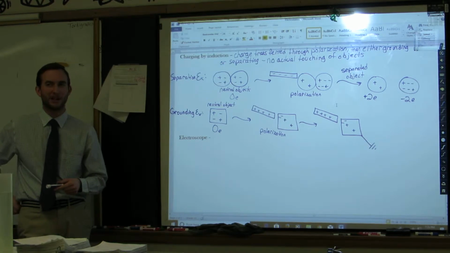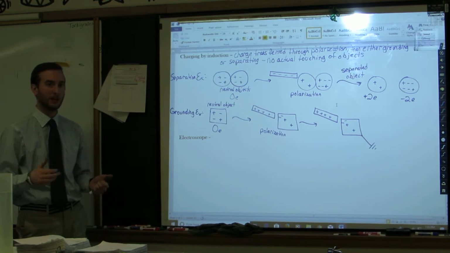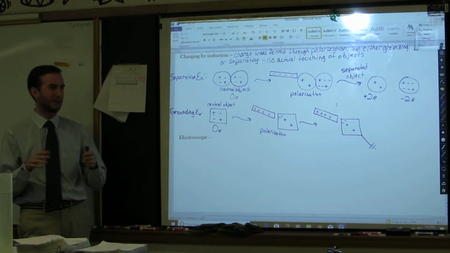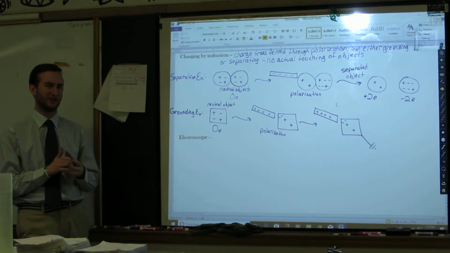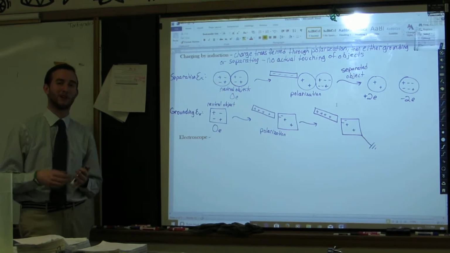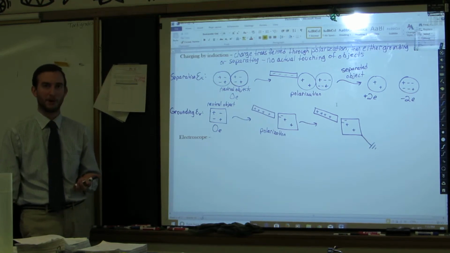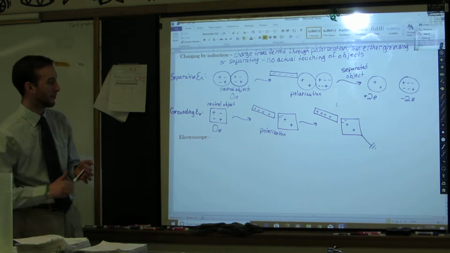The Earth is so big that the Earth is not really going to miss 1 or 2 electrons, or even like a couple million electrons going into an object, okay? The Earth has so many electrons in it, it's not really going to make a difference overall if you take those electrons away. I mean, obviously it won't be completely neutral, but the Earth is so big it's not really going to have too much of an effect.